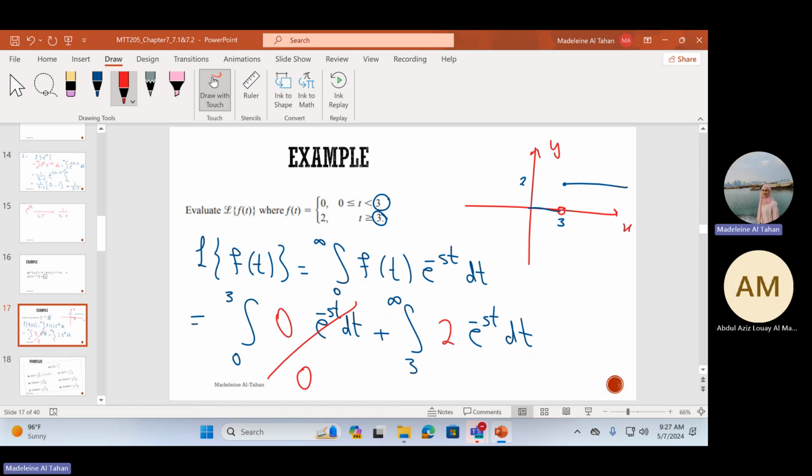Suppose that I'm dividing it over 3 intervals. How many integrals do I expect to have? 3 integrals. Please continue now, Miss.